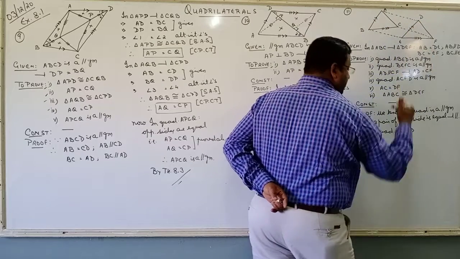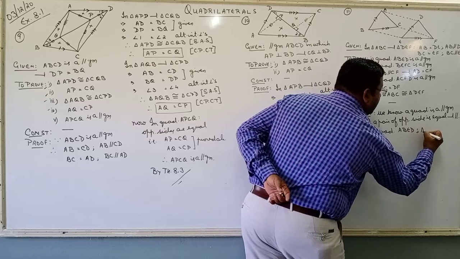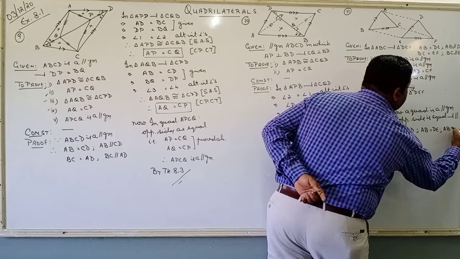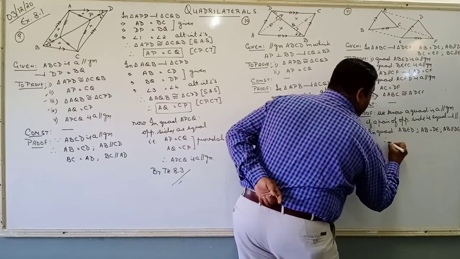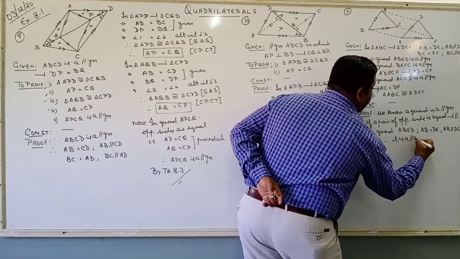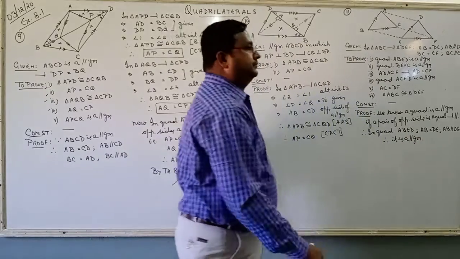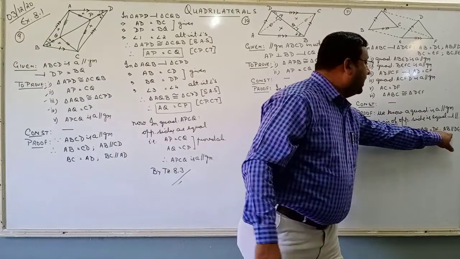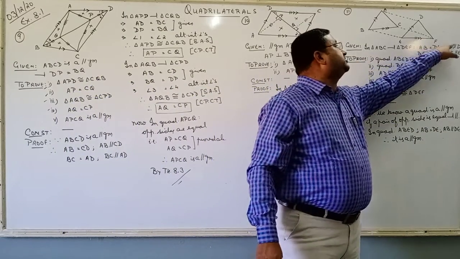Given to us. In quadrilateral ABED, AB is equal to DE and AB is parallel to DE. So therefore, it is a parallelogram. A pair of opposite sides is equal and parallel, and that is given to us in the question.